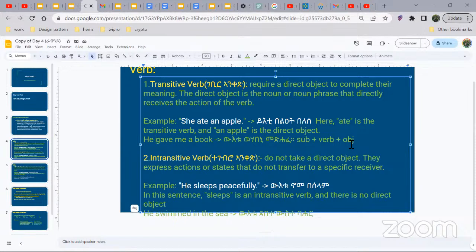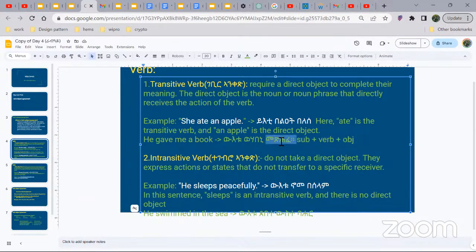Because we do have a way to differentiate an object. For example, here I can say the sentence in different word orders, and we don't follow a fixed structure because we have a way to differentiate an object.